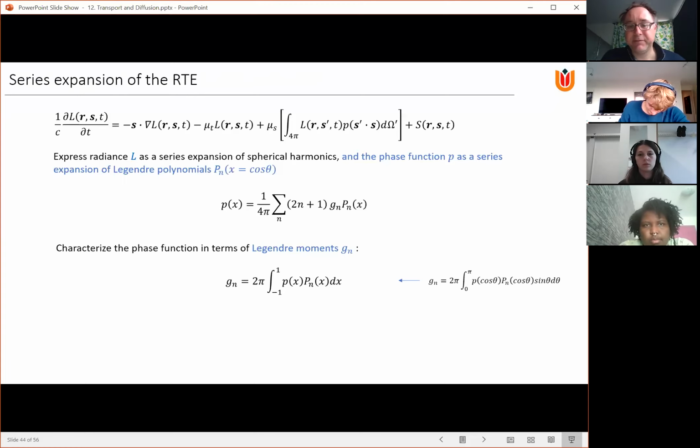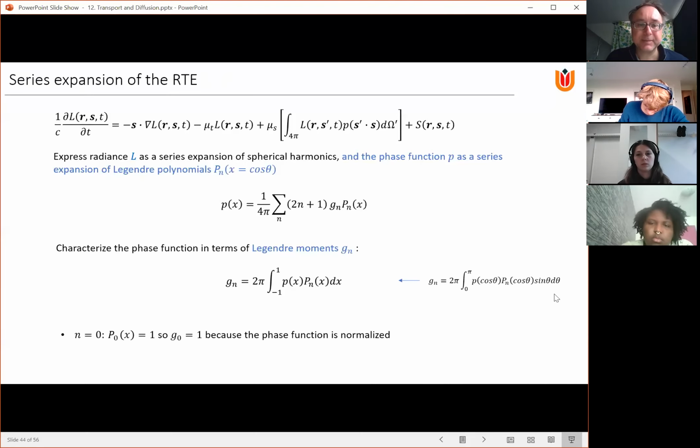If you write it in terms of theta and phi, then it will look like this. If you look at the zeroth order version, you have to take the zeroth order Legendre polynomial, which happens to be just 1, so P0 of x is 1.